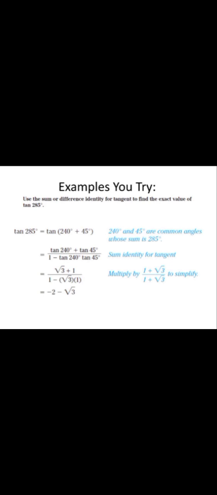So tan 240 plus tan 45 over 1 minus tan 240 tan 45. Using the sum identity for tangent, it equals square root of 3 plus 1 over 1 minus square root of 3 times 1. Multiply by 1 plus square root of 3 over 1 plus square root of 3. To simplify, the result is negative 2 minus square root of 3.